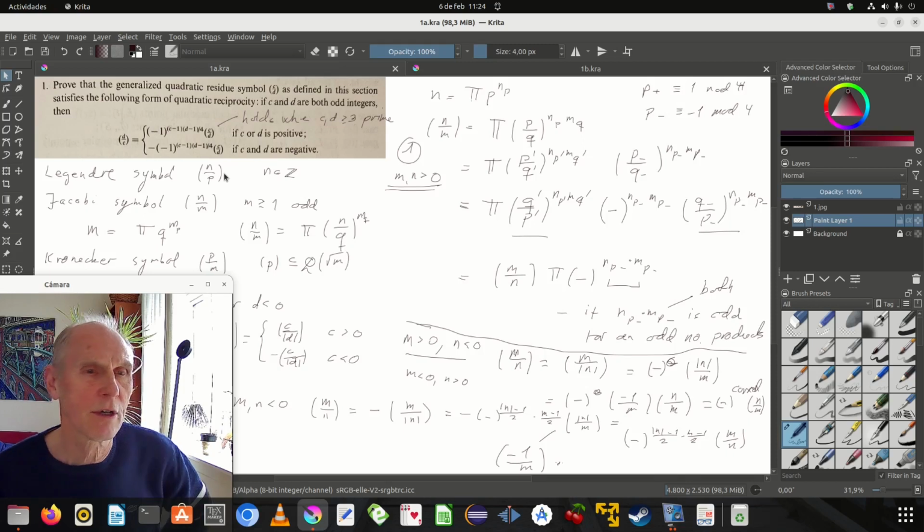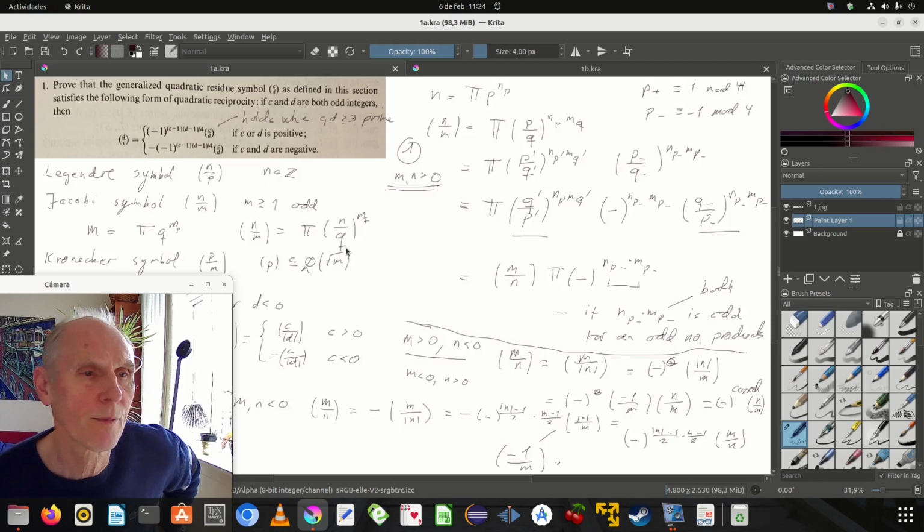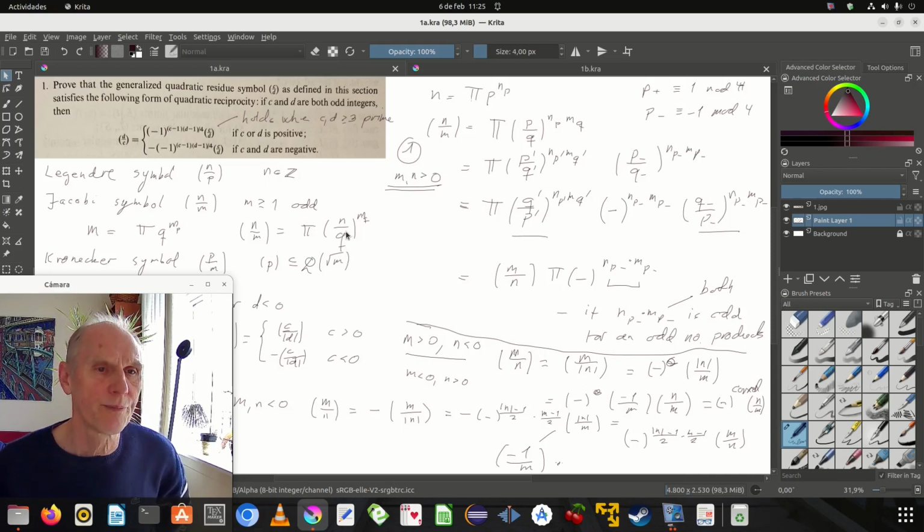Then it's generalized to the Jacobi symbol, defined for all odd m and n, odd and positive, simply by extending multiplicativity. So we should prove that that has the same reciprocity. I've actually used that several times without realizing that I have only seen the proof of it for the Legendre symbol, so I haven't proved it.